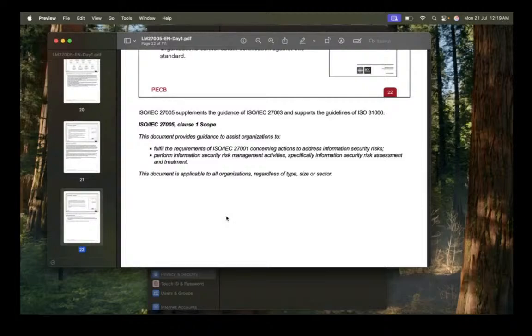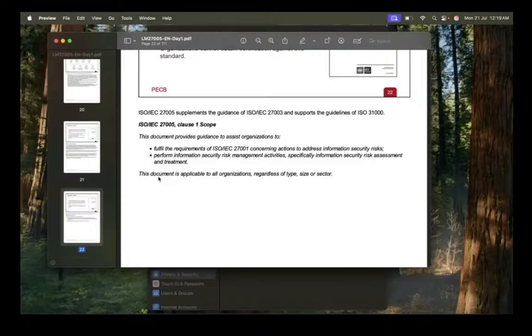It helps organizations perform those activities, like first understanding if there are any risk-related threats, then performing activities on what the solution can be. There are steps, but here we are discussing the scope. So these two are the main scope of this document. Also, to be noted, this document is applicable to all organizations, regardless of type, size, or sector.